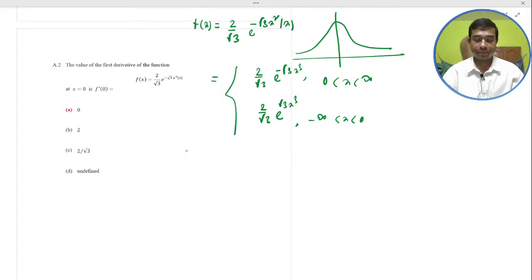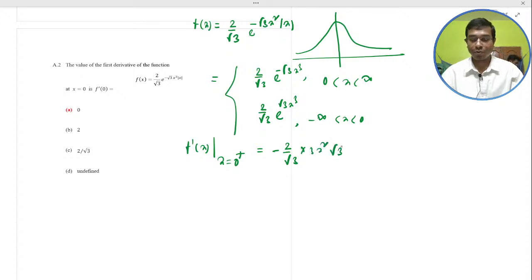So now solve f dash x at x equal to 0 plus. This is nothing but minus 2 by root 3 into 3x square root 3 e to the power minus root 3 x cube at x equal to 0. This would become 0.